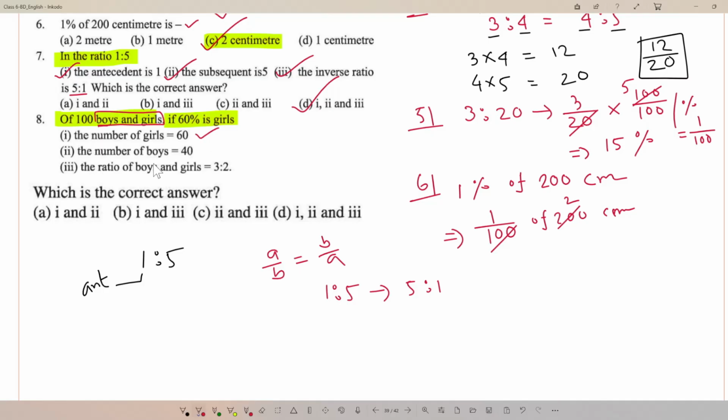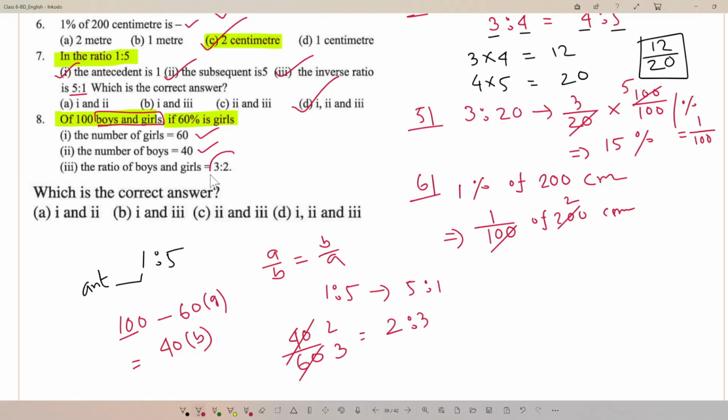And the number of boys is 40, it's also true, because if 100% is 100 and 60 are girls, once we subtract 100 minus 60, it will be 40, and it should be boys. So this one is also correct. And what about the ratio of boys and girls? Boys are 40 and girls 60. Once we divide by 20, it's 2/3. So it should be 2:3, but here it is mentioned 3:2.